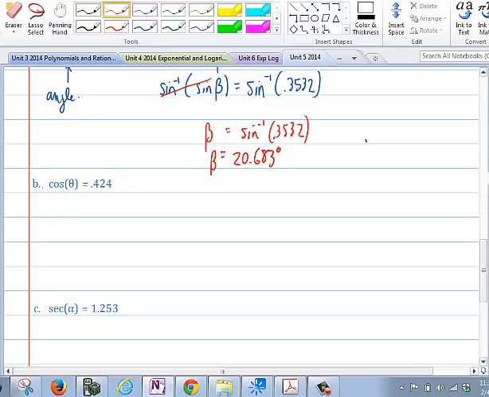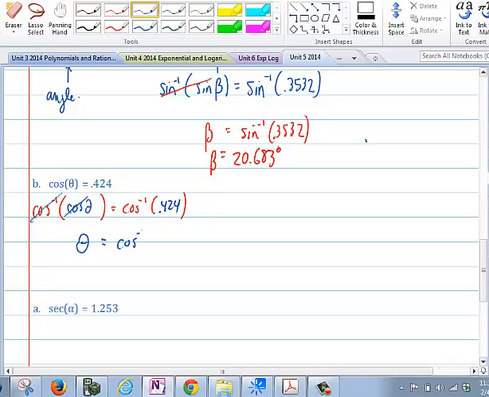So again, if I have cosine, then on both sides, I'm going to use inverse cosine. I'm going to just write cosine of theta here, and this was 0.424. So the inverse undoes the cosine, leaving you just with theta.